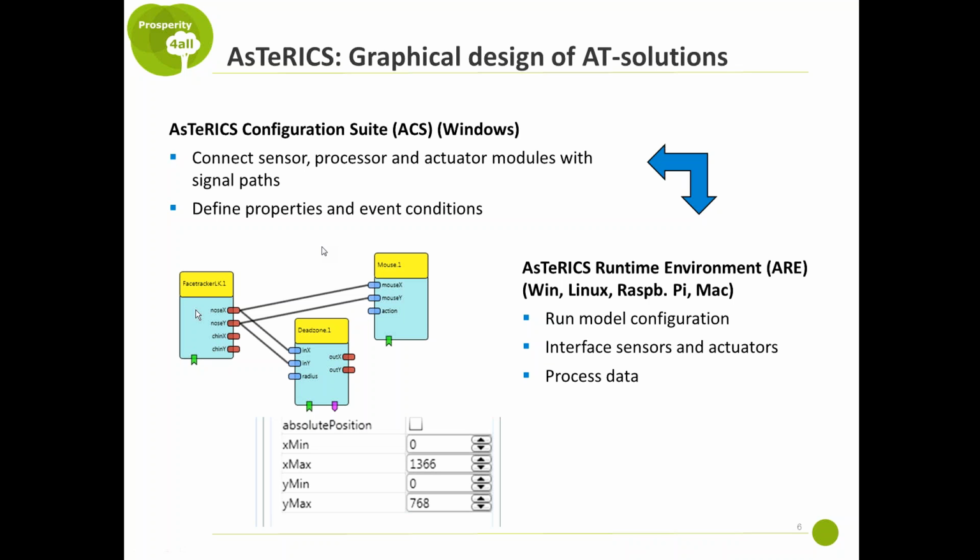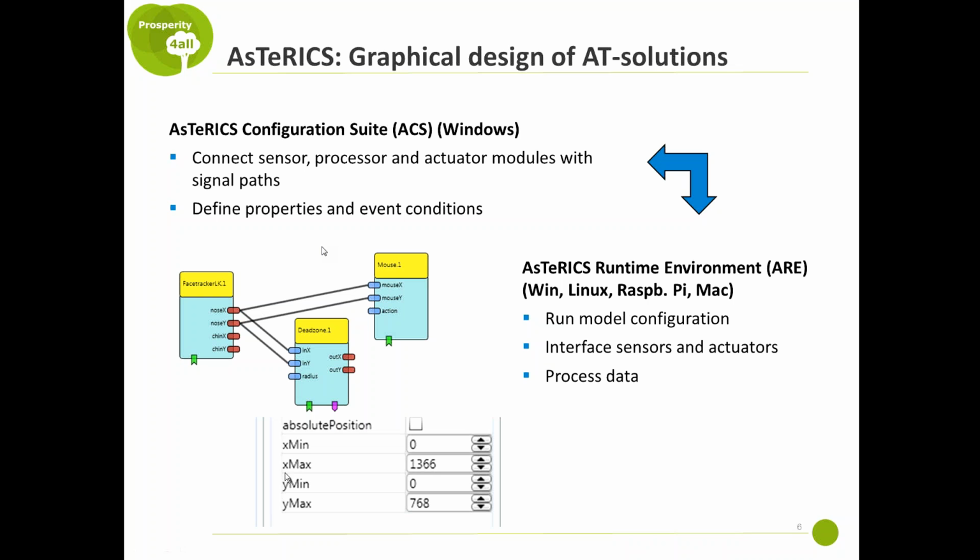We call them plugins or components, and you can simply interconnect signal paths of those plugins to other ones. For example, this plugin has an output port and sends data out of this port, and you can connect this port to another plugin where the data is transmitted to that input port.